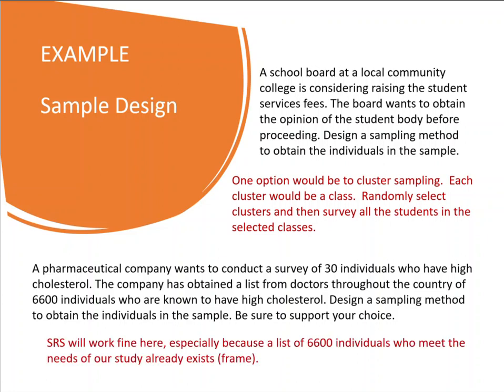Well, in simple random sampling, we've already got our list here, right? We obtained a list from these doctors. The easiest thing to do is to just randomly pick 30 individuals out of this list, and there you go. You've got the sample you need done using a design method called simple random sampling.